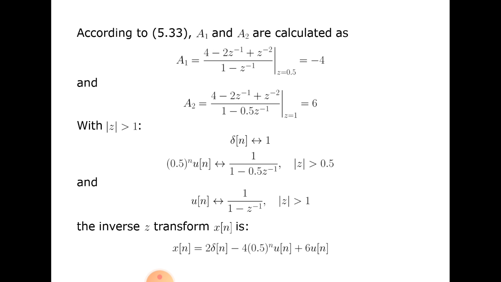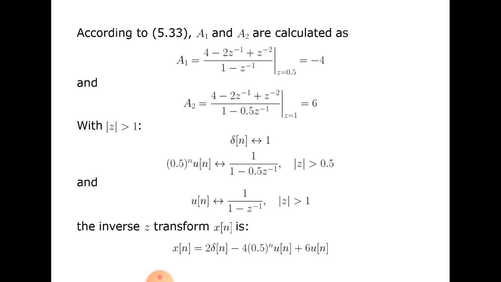So a1 and a2 are calculated as follows: a1 = (4 − 2z^(−1) + z^(−2)) divided by (1 − z^(−1)) at z^(−1) = 2, which is equal to −4, and a2 = (4 − 2z^(−1) + z^(−2)) divided by (1 − 0.5z^(−1)) at z = 1, which is equal to 6.